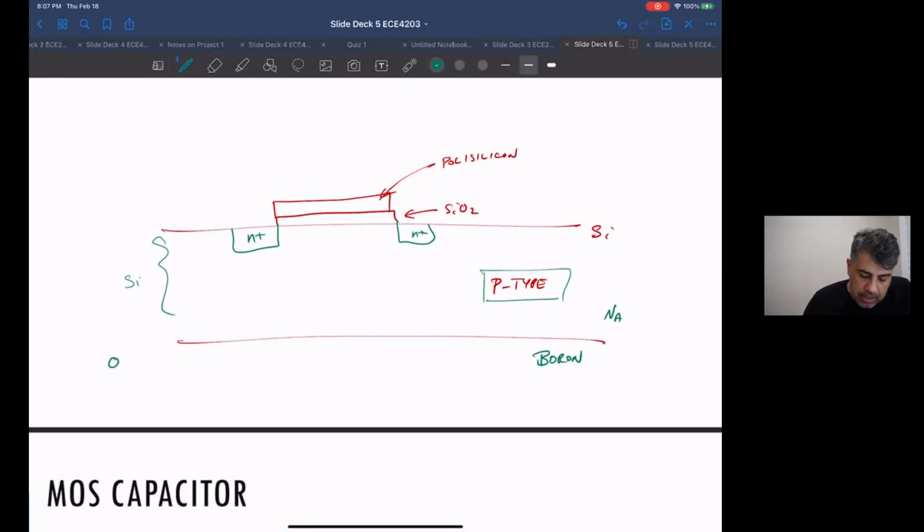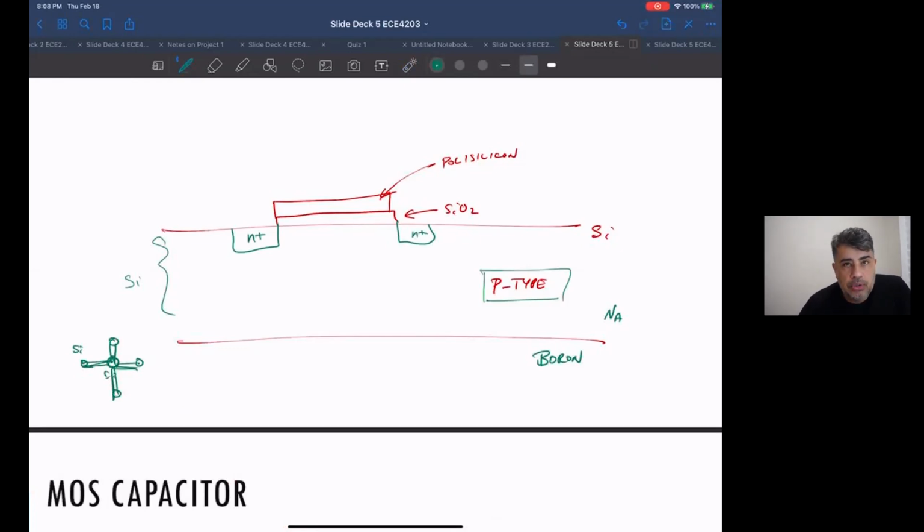So in a lattice, you'd have 4 silicon atoms sitting next to each other, all sharing 1 electron. The central atom has 4 valence electrons and shares them with 4 neighbors. That's a perfectly pure piece of silicon.